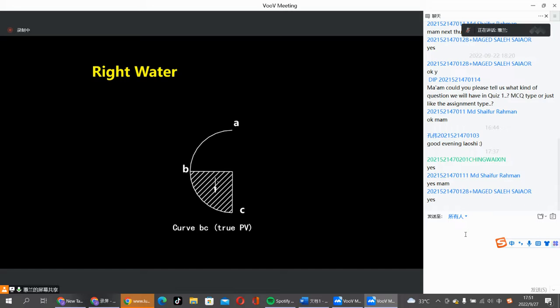For BC, the vertical force on curve BC will equal the weight of the pressure volume, from above curve BC to the free surface. So this one is downward, a true pressure volume.